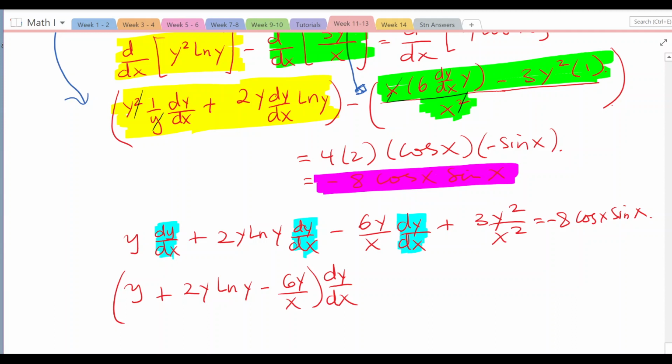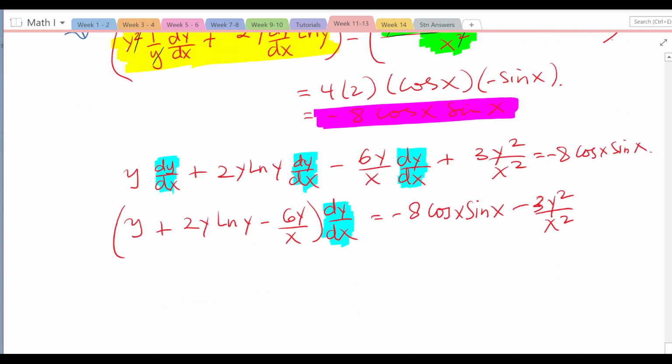So that is our dy/dx from the top, equals, so we move these terms to the right hand side. Both of them are negative, so it doesn't matter, equals negative 8 cos x sin x, negative 3y squared over x squared. That's it.